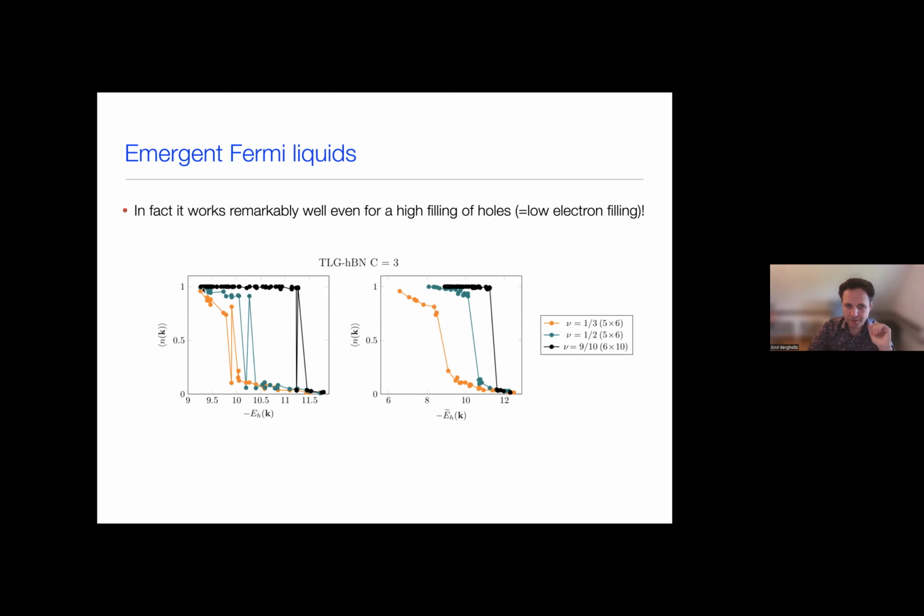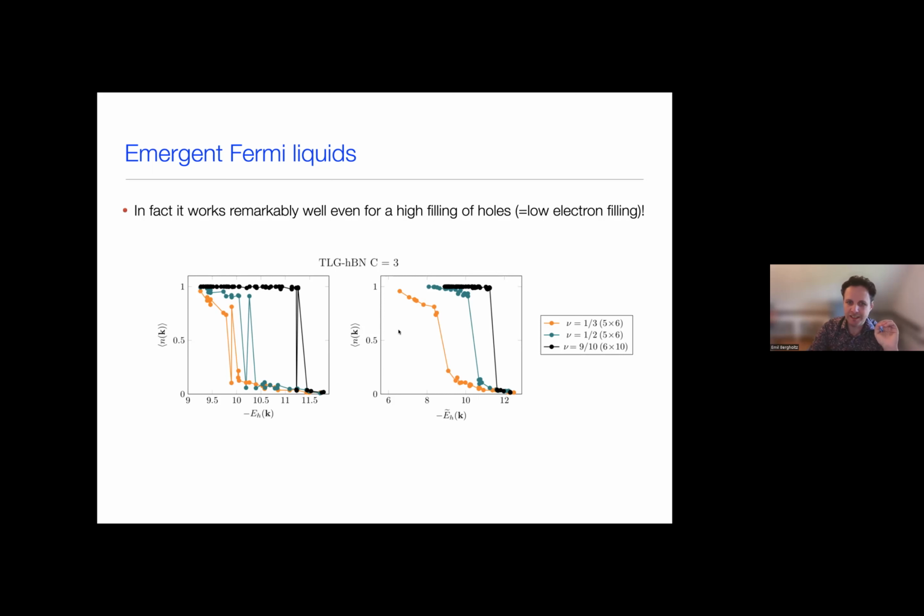Here is something that looks almost like a step function at the Fermi energy, but it has some deviations close to the Fermi level. Hartree-Fock again fixes this. And the filling fractions here are not just 9/10, close to 1, but also 1/2 and 1/3. So this whole dispersion seems to dominate physics even very far beyond where you would naively expect it to dominate.